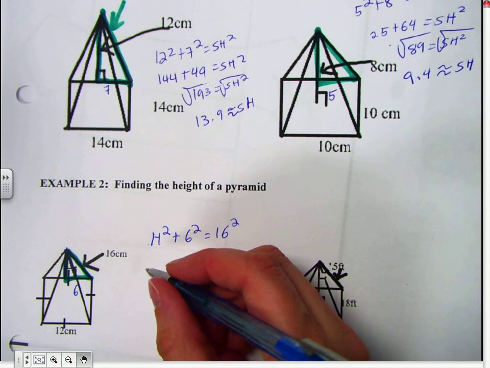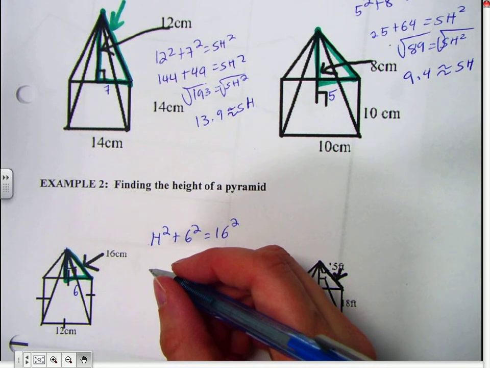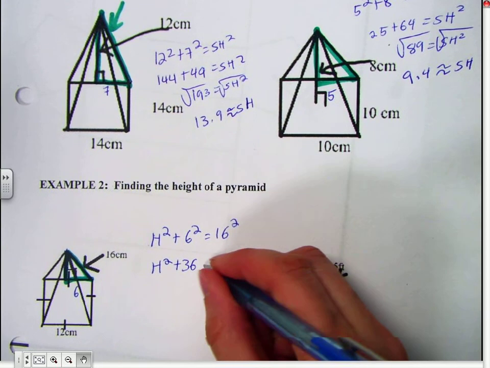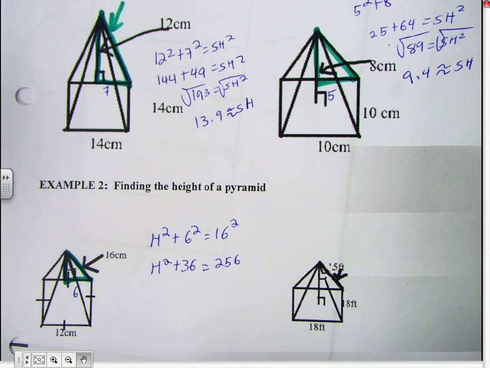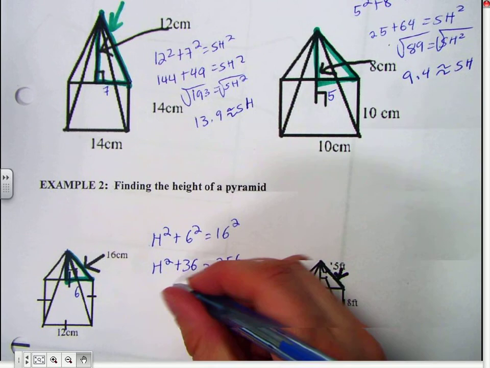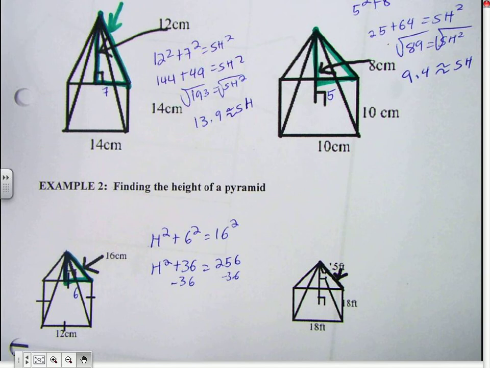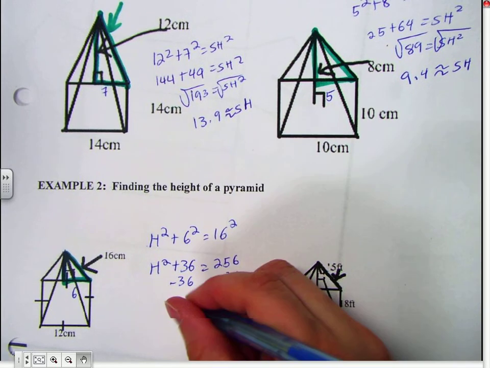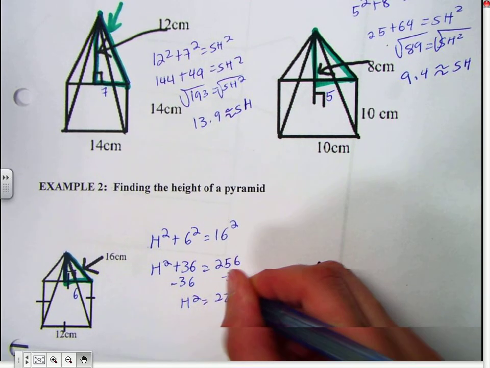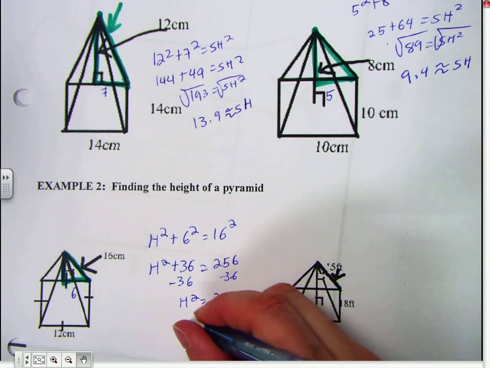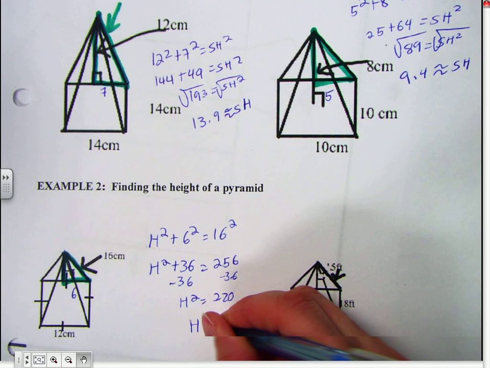So I get h squared plus 36 equals 256. Then I subtract 36 from both sides, and h squared equals 220. Then I find the square root of 220, and I get h is approximately 14.8.